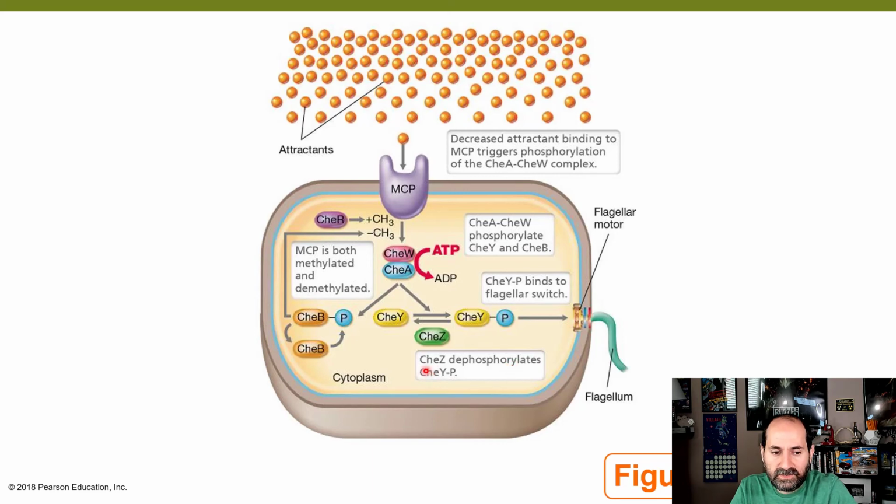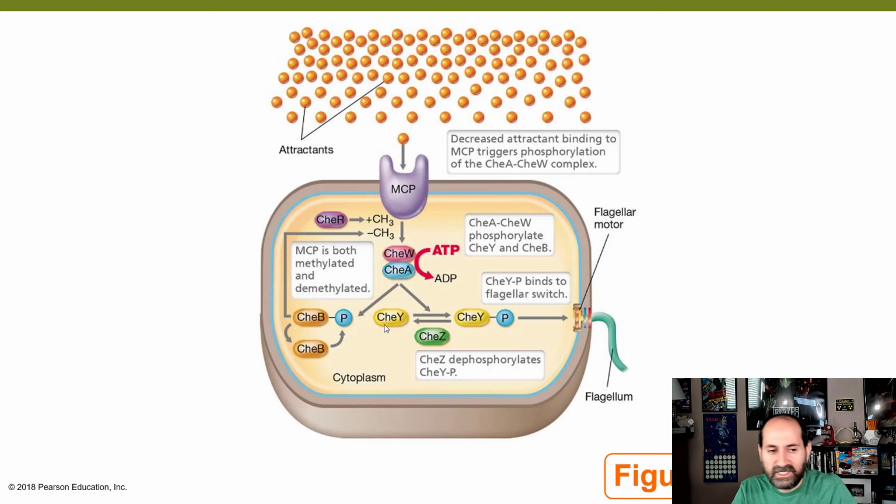After a bit of tumbling, CheZ can dephosphorylate phosphorylated CheY to regular CheY. Regular CheY is not able to bind to the switch protein, and the flagella reverts back to its preset run, counterclockwise rotation. You guys follow that? Very interesting. So this is an example of the attractant promoting runs and tumbles.